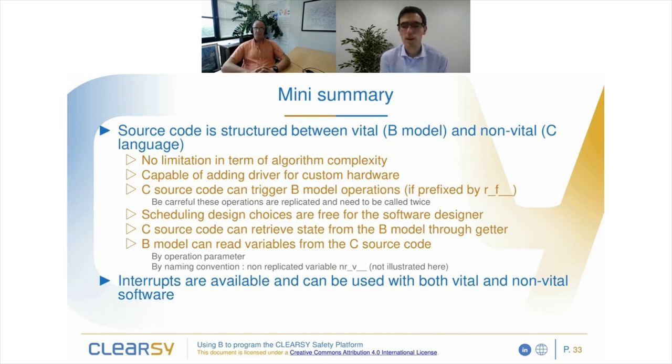If you call a variable nr_v, for non-replicated variable, then it will be visible within your B model. It's not illustrated here, but it's in the documentation. And a final point, you can use interrupts for both the safety critical part and the non-safety critical part.